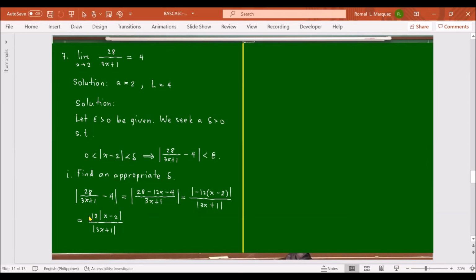So we have to keep the multiplier small, meaning I want 12 over the absolute value of 3x plus 1 to be small. So how can we do that? And this is less than epsilon, that's what we want.